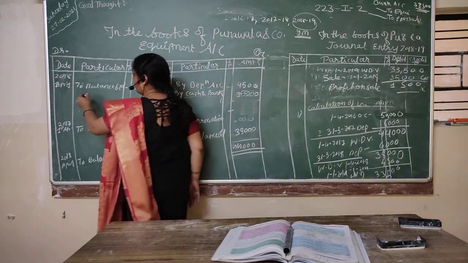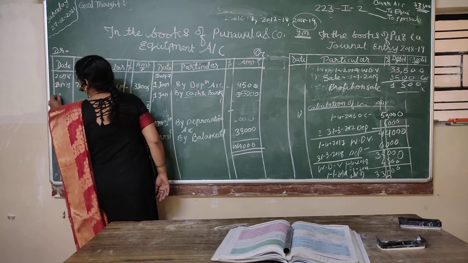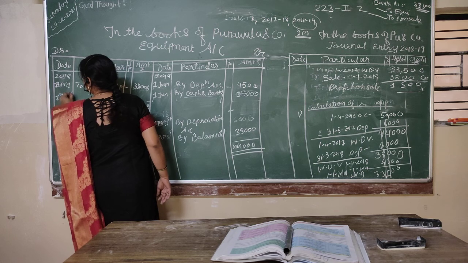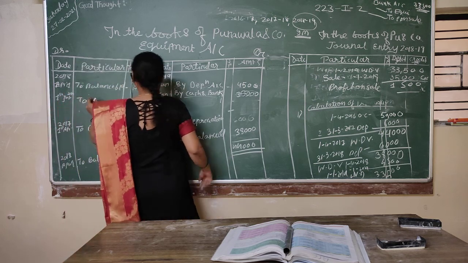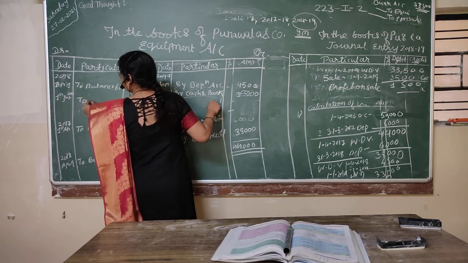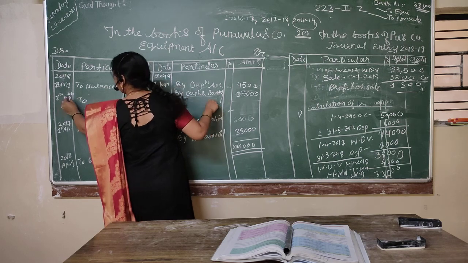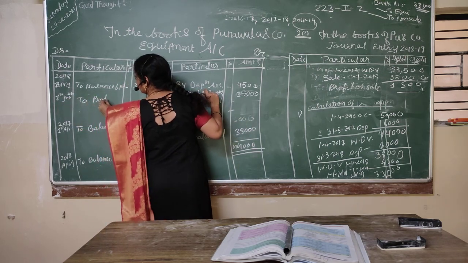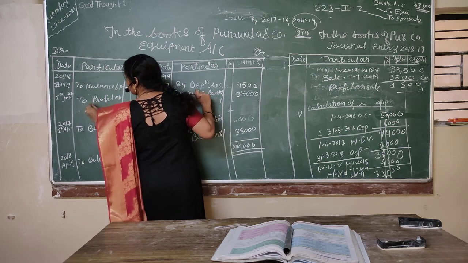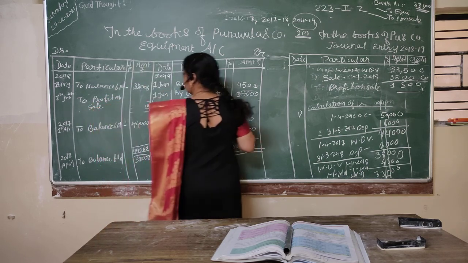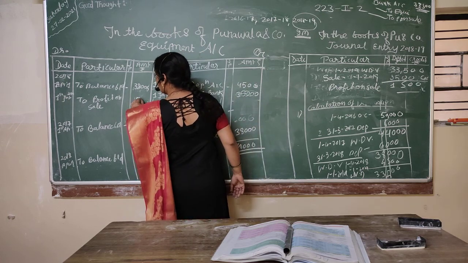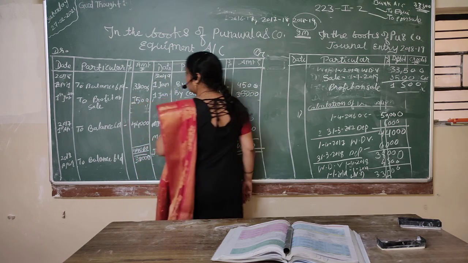So in the equipment account we will write 1st Jan 2019 to profit on sale. Profit on sale, how much we have earned as profit, that is 1,500.